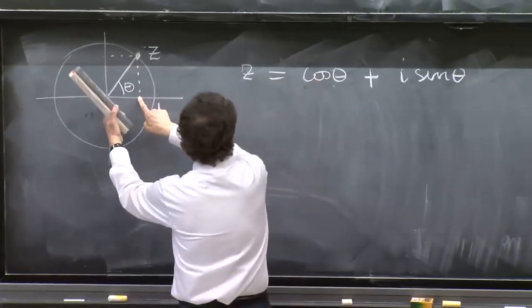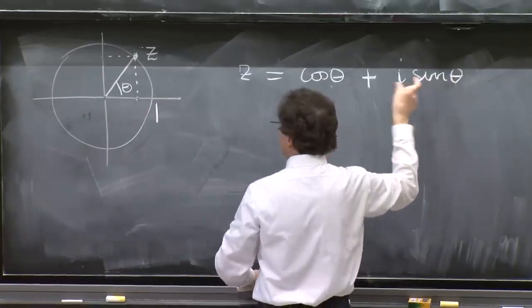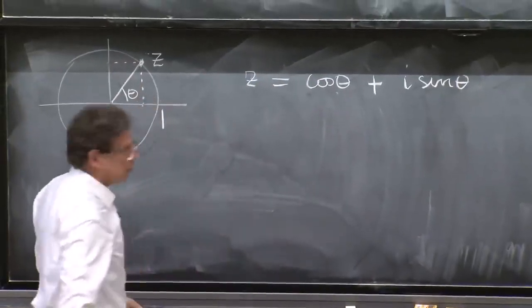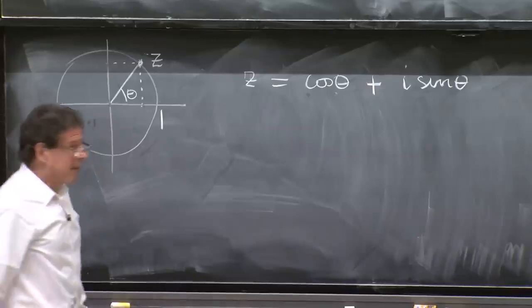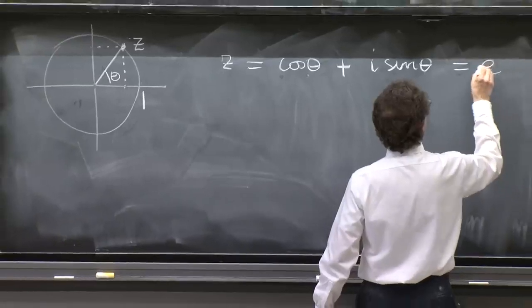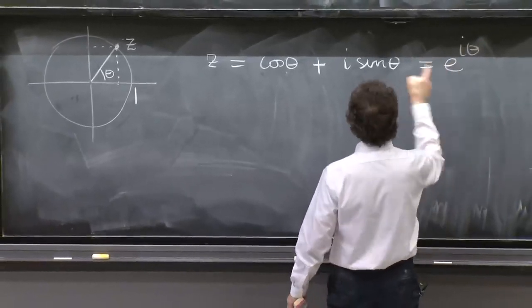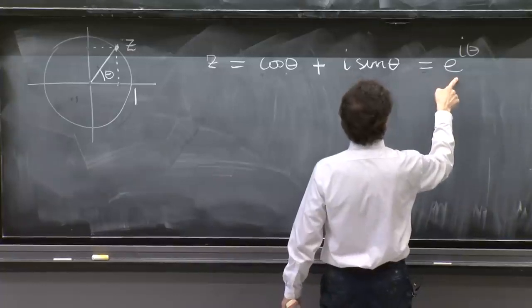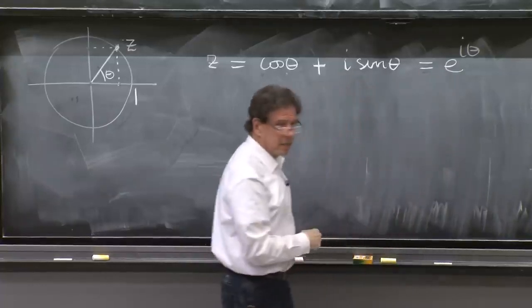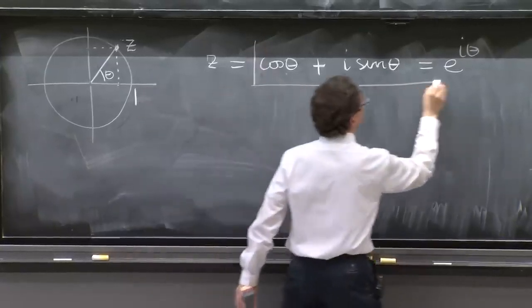It's indeed that horizontal projection, and the imaginary part is the vertical projection. Well, the thing that is very amazing is that this is equal to e to the i theta. And that is very non-trivial. To prove it, you have to work a bit. But it's a very famous result, and we'll use it.